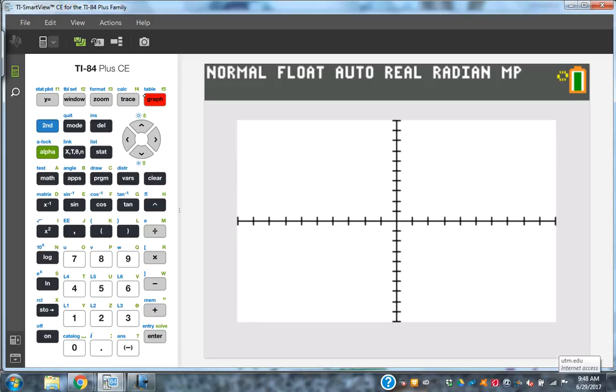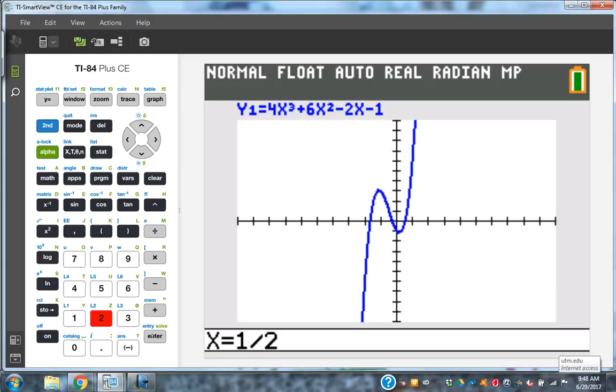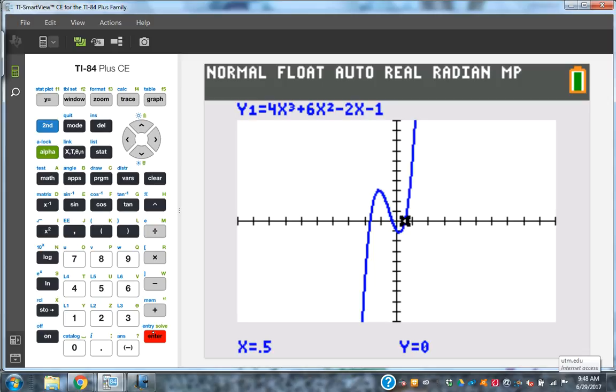Hit graph. I should see this thing crossing the x-axis at those places. Here's one thing I can use with my calculator. This is a skill with the graphing calculator. If you hit trace and then type in the number that you want to try, I'm going to use 1/2. That's the one they told me about. And hit enter.